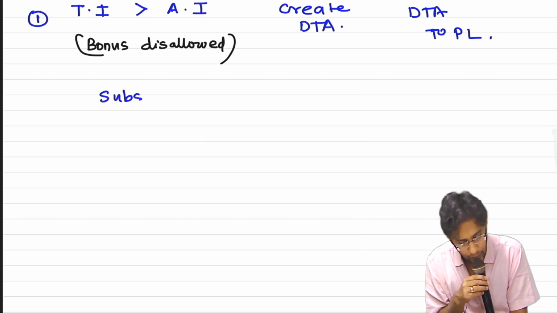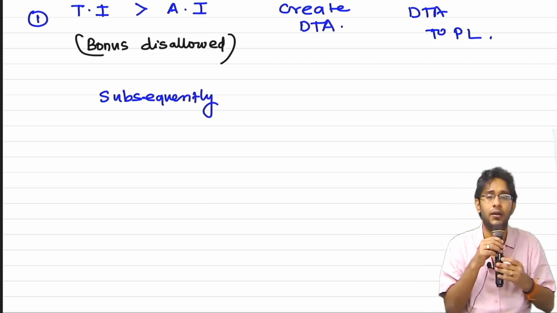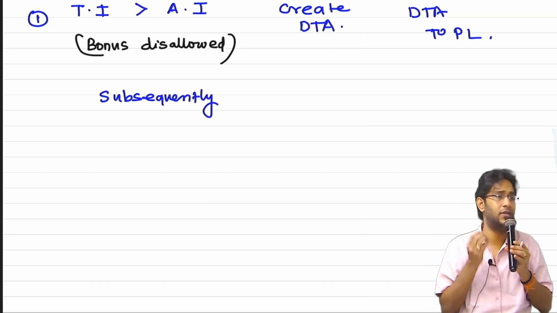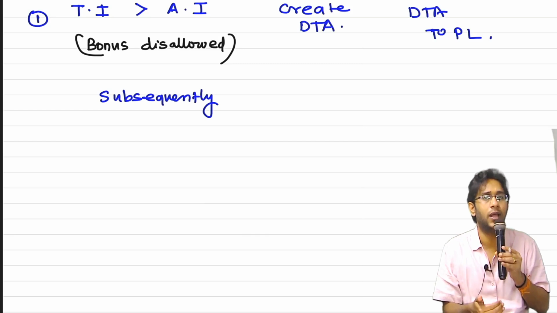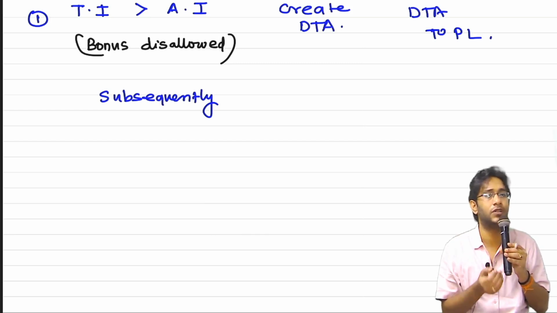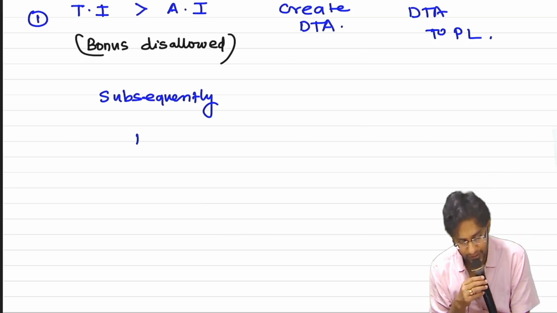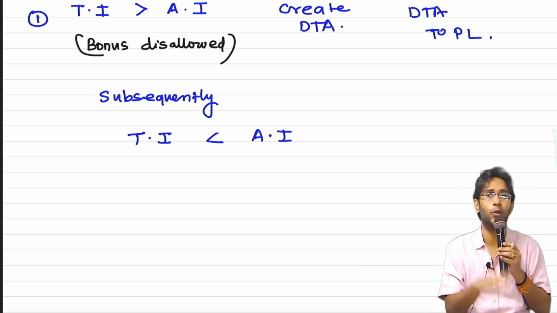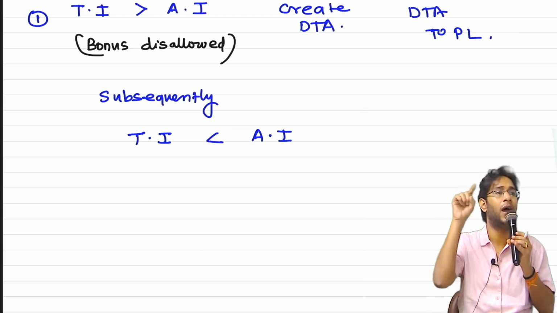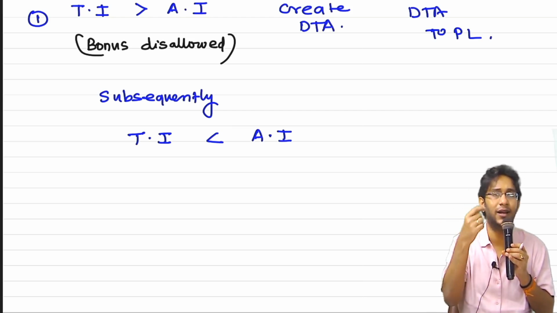Subsequently, in the next year, I actually paid bonus. Since I actually paid bonus, my taxable income is lower than accounting income, because of which I paid lesser tax. That means I paid lower tax, because once upon a time I paid higher tax. When I paid higher tax, I created a DTA.